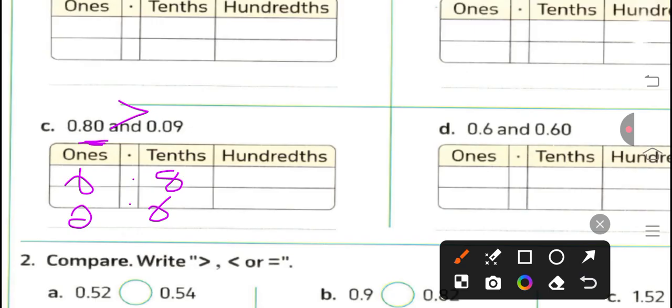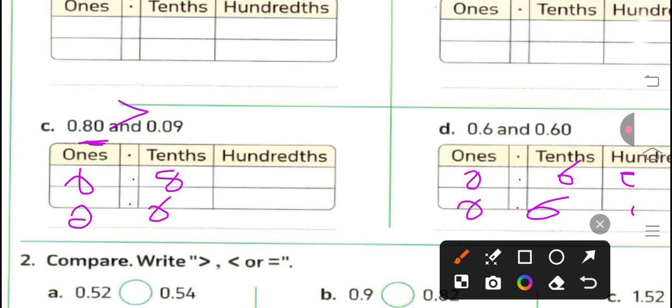0.6 and 0.60. Line up the decimal points. 6 and 6, then 0 in hundredths and nothing. 0.6, which is 6 over 10, and 0.60, which is 60 over 100.